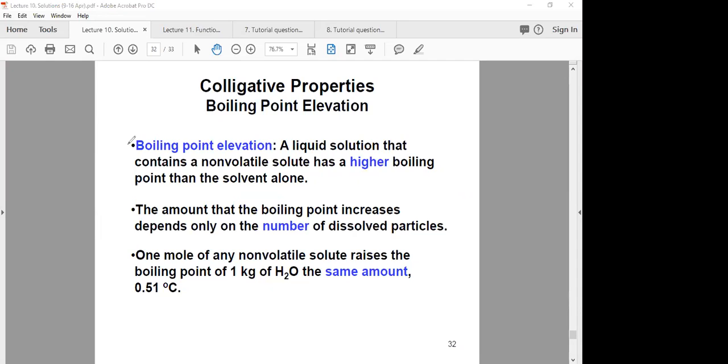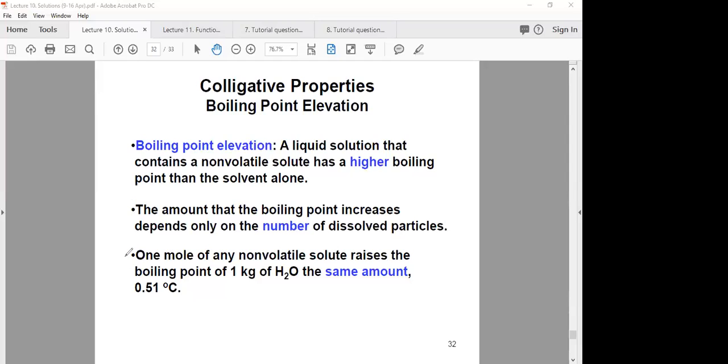All right, so boiling point elevation means that a liquid solution containing a non-volatile solute will have a higher boiling point than the solvent alone. The amount that the boiling point increases depends only on the number of dissolved particles.